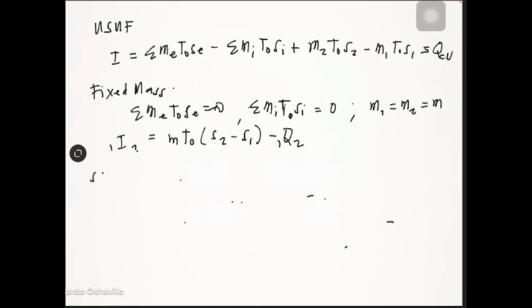So in here you have the reversible work, that is the maximum. When we consider the surroundings, it is 0.